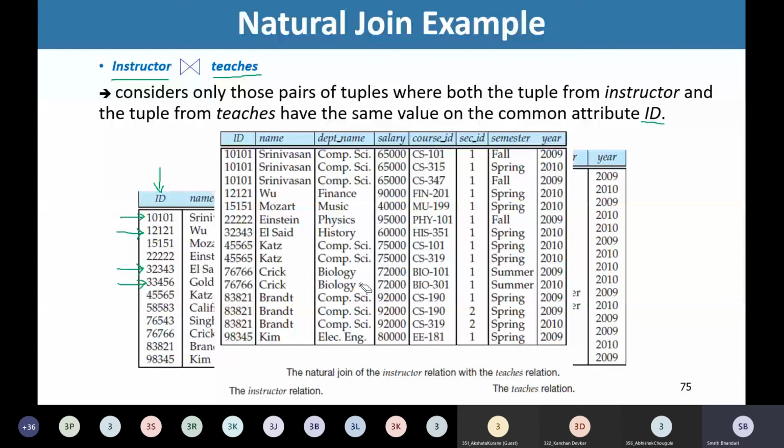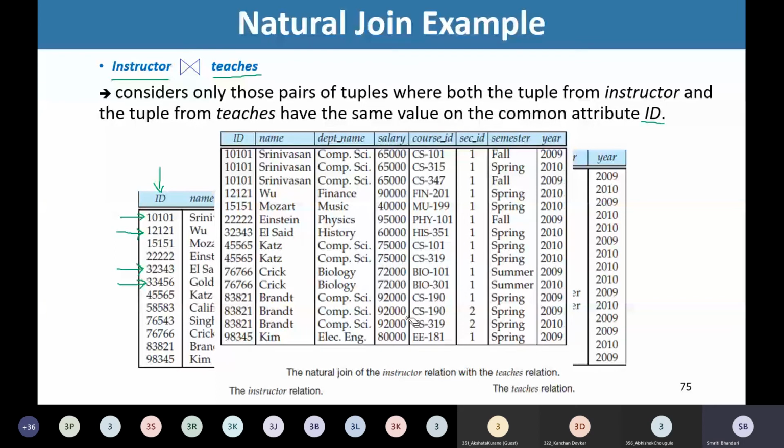If we compare cross product and natural join, cross product gives us all the pairs, wherein we have some irrelevant data as well. Whereas in natural join, we match the values of the common attributes, and hence the output of natural join gives us the relevant data. Getting me? Yes, ma'am.